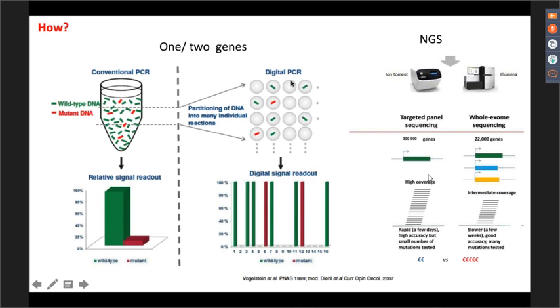If we want more information, we have to go to a panel of genes or whole exome, maybe the NGS panels that Dr. Roth will comment on in his presentation. And if we want to know how much we have in order to monitor the disease, we can use these more sensitive techniques like digital PCR. In this case, we are able to analyze one or two, or not more than 2 or 3 genes. The capacity of these techniques to multiplex genes is very low.